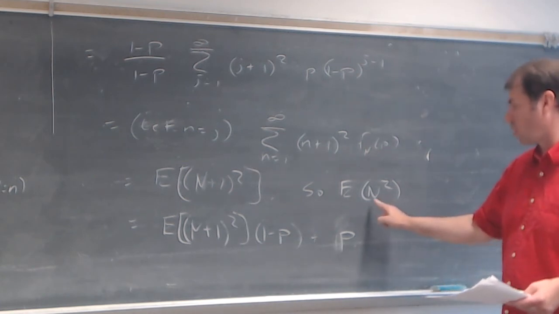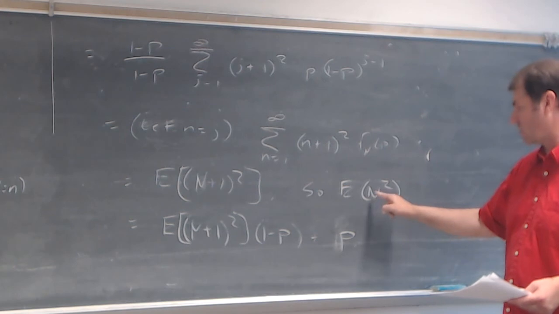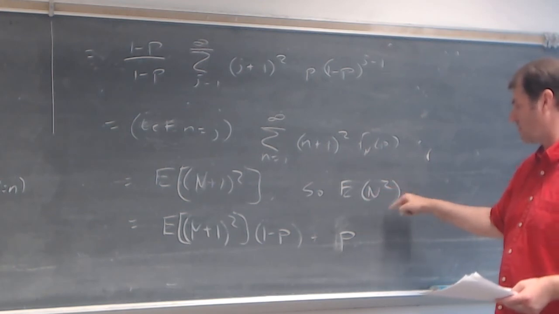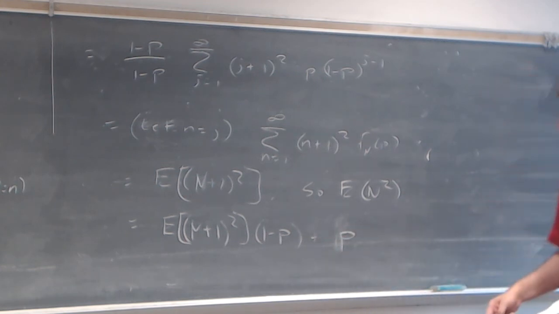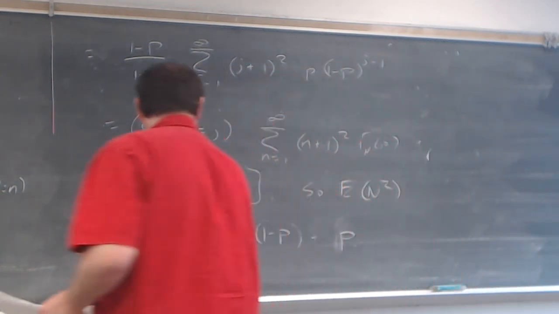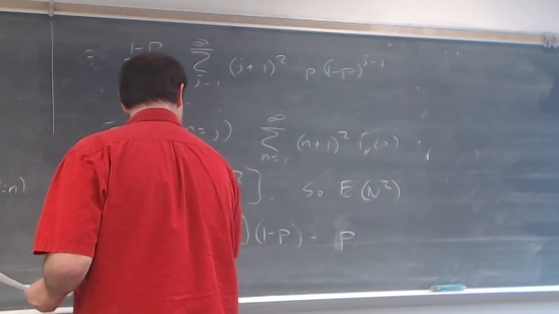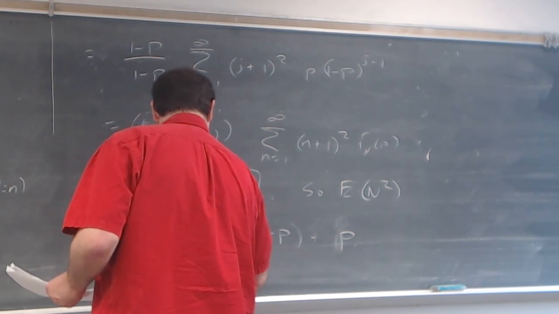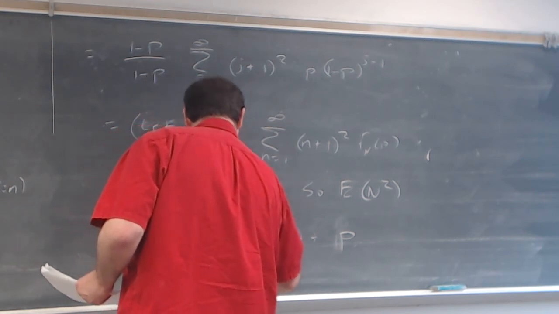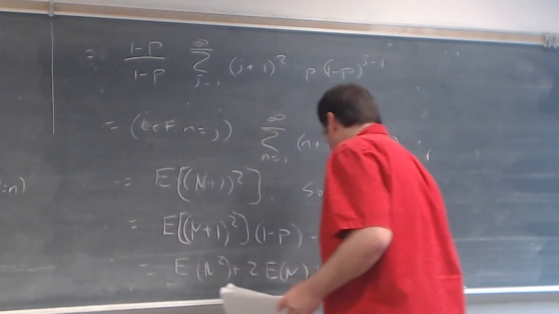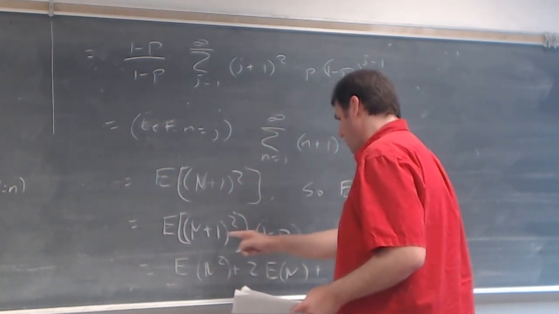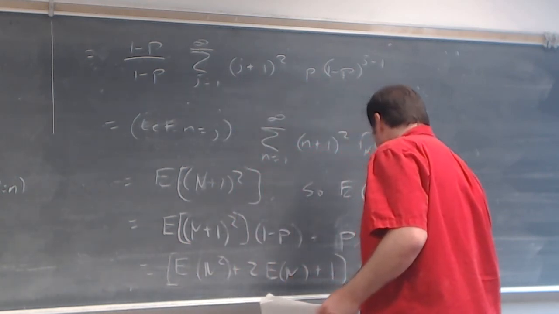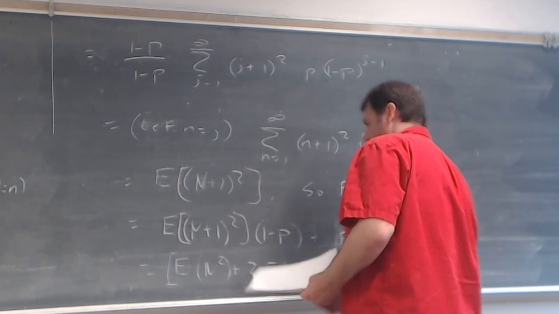That was from our previous work, where we had done the calculation for the expected value of N squared by the conditional expected value of N squared given Y. And that's what we get. This is equal to the expected value of N squared plus 2 times the expected value of N plus 1 squared, the expected value of 1 would be 1, all that times 1 minus p plus p.